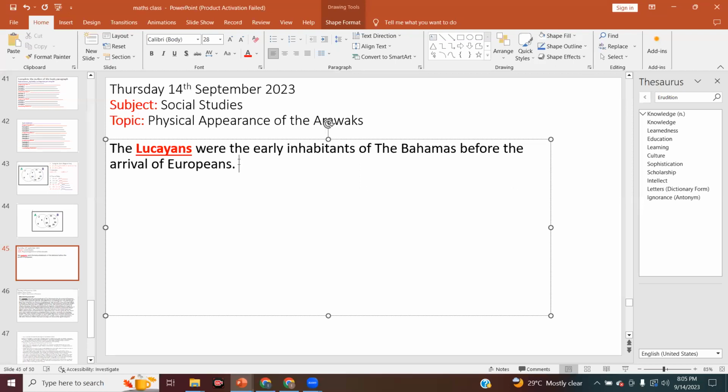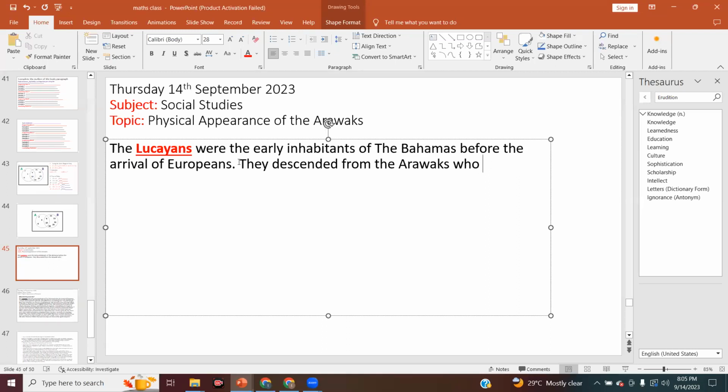Now the Lucayans, according to history, descended from the Arawaks. Now the Arawaks came from where? South America, very good.